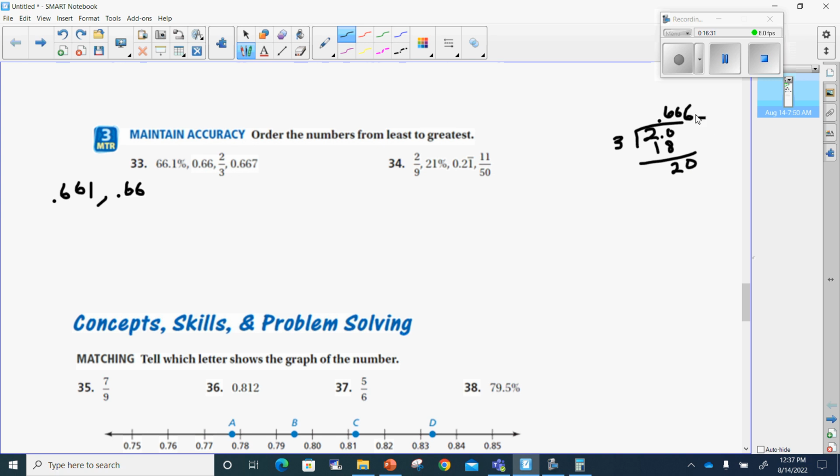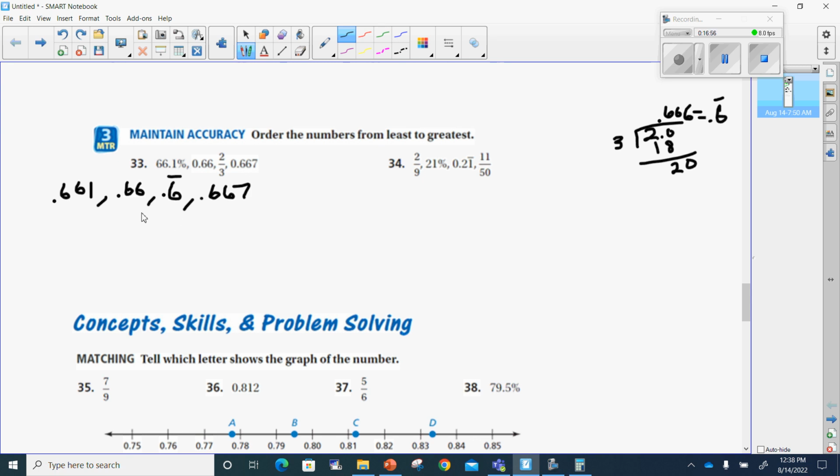This means this is equal to 0.6 repeating, which is 0.6666666. All right, the last one is in decimal form already, and that is 0.667. All right, now we've got all the numbers we need to see which one is the smallest.